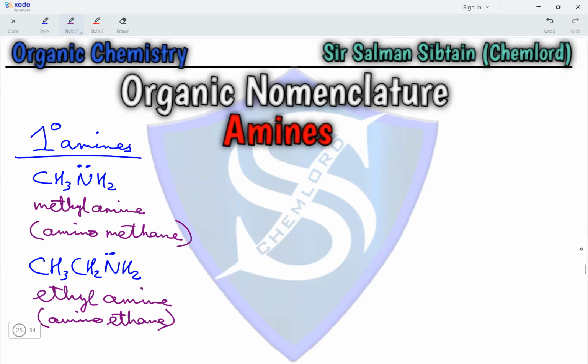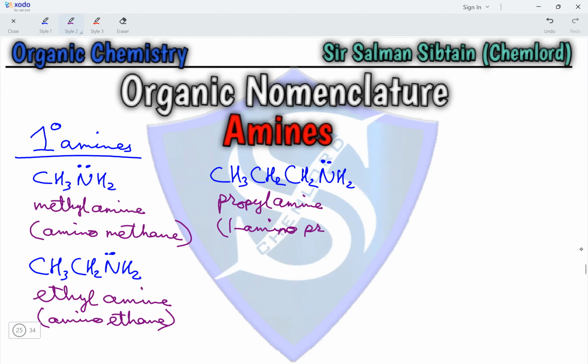If we have three carbon atoms present, that would be CH3, CH2, CH2, and NH2, and this would be labeled as propylamine, or as 1-aminopropane. The reason for introducing the number 1 here is that the position of the NH2 group may vary.